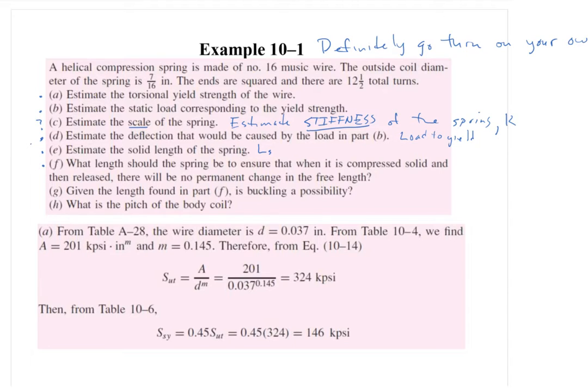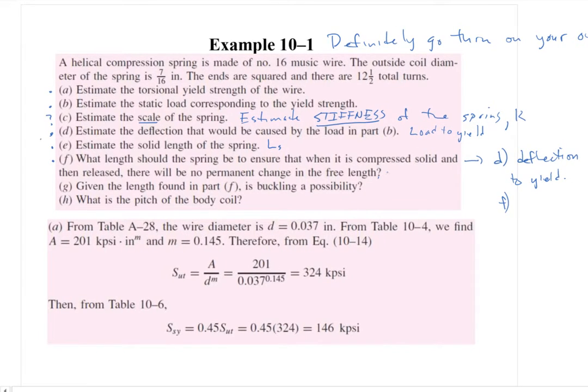Let me explain part F before we go on. In part D, you have a deflection to yield it. And then in part F, what length should the spring be so that when compressed solid there will be no permanent change in the free length? In other words, no yielding.